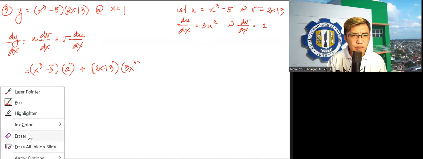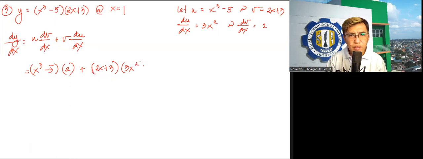Squared yan. Okay. At x is equal to 1. So, therefore, we have here 2x cubed minus 10. Oops. Plus, we have here 6x to the third power plus 9x squared, at x is equal to 1.